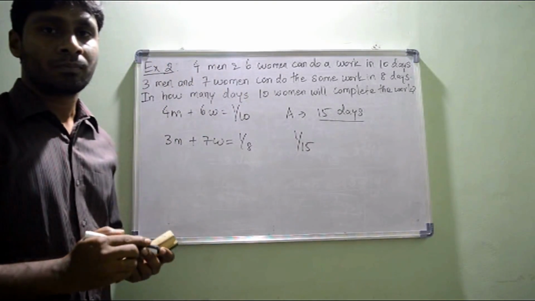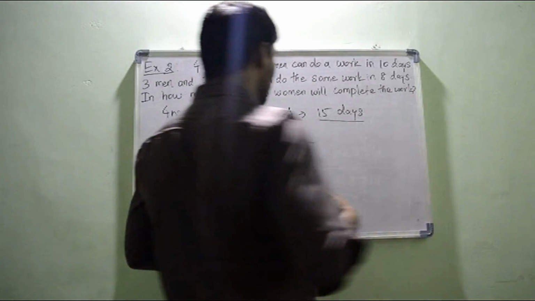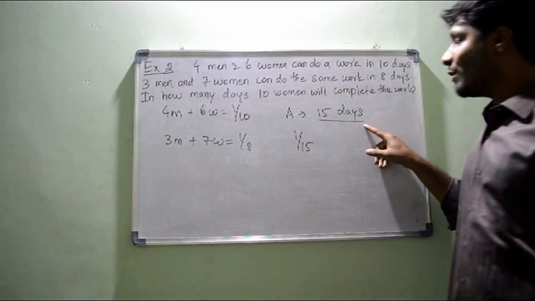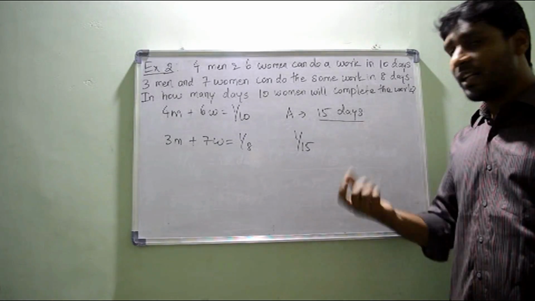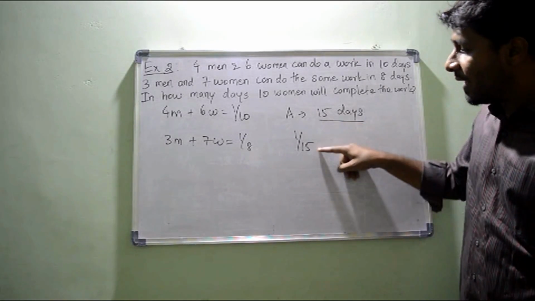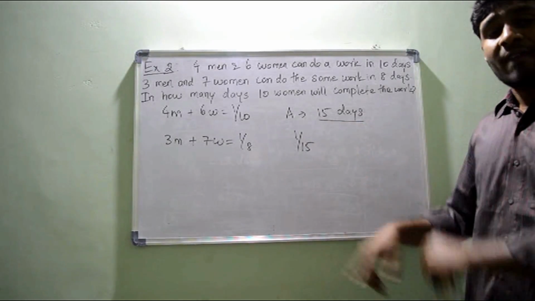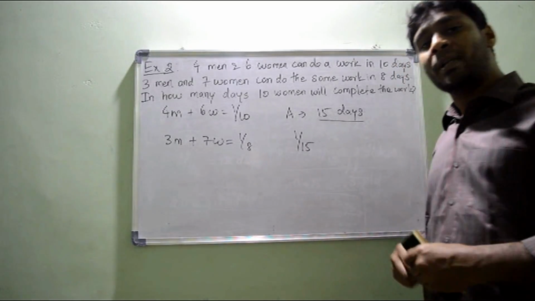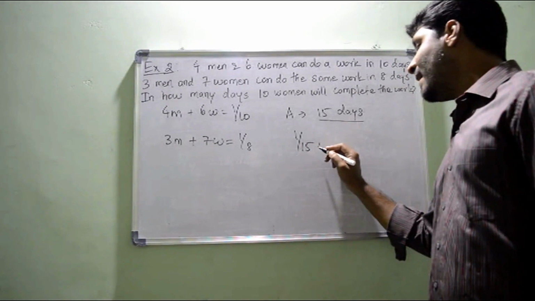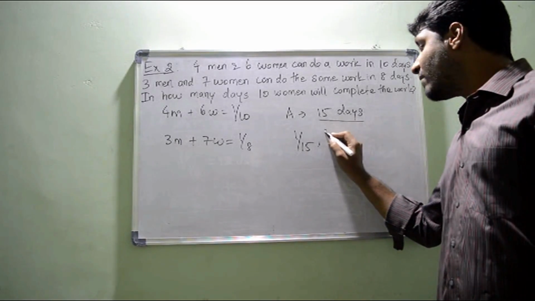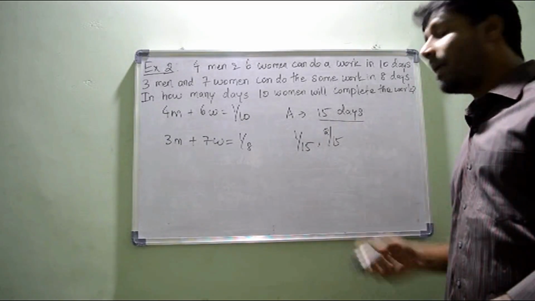That's it. Got it? Here it is very simple. A has the efficiency to do a work in 15 days. After 1 day, he might have finished only 1 unit of the entire 15. Again, after 2 days, what weight of the work has been completed? 2 by 15. It's very simple. On second day end, A must have completed 2 by 15th of the part.